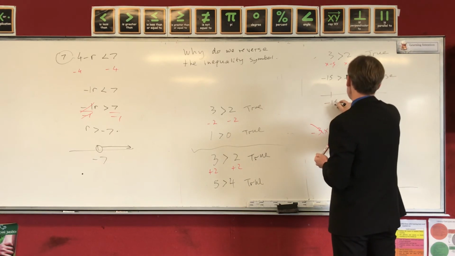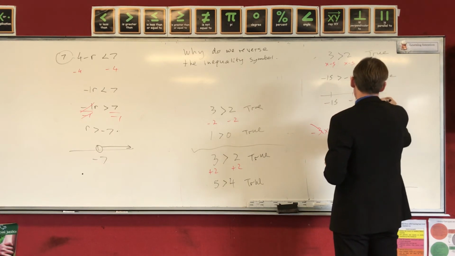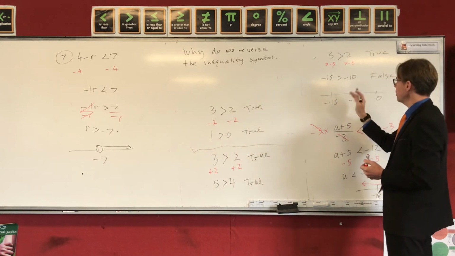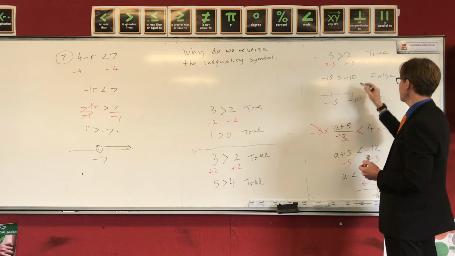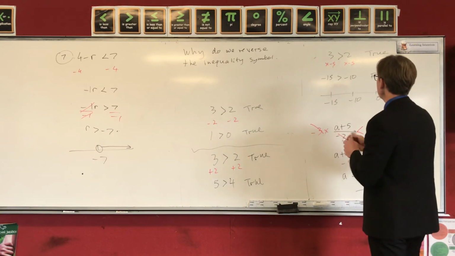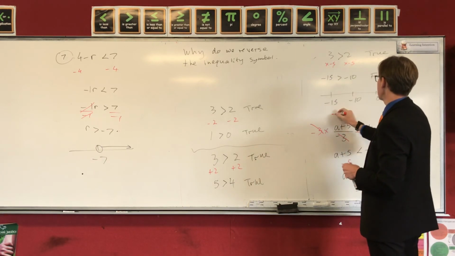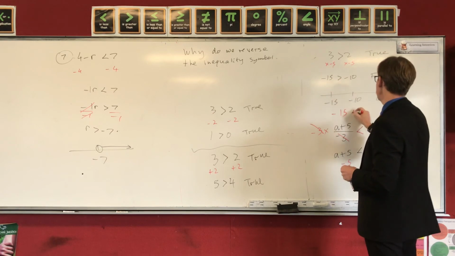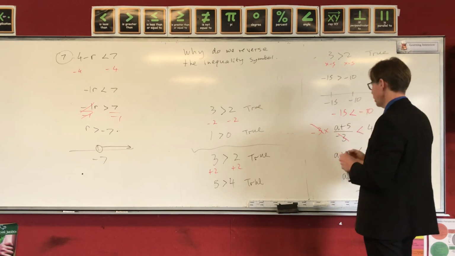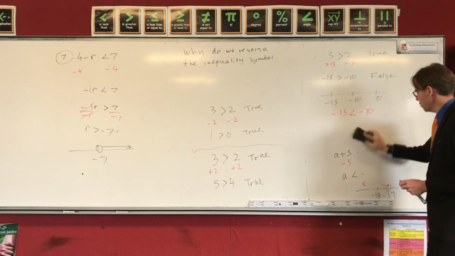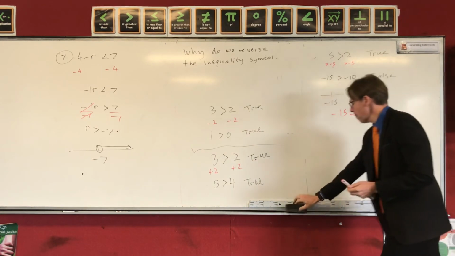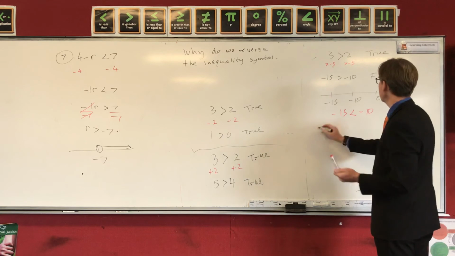Negative 15 is here, negative 10 is here, 0 is here somewhere. So negative 15 should be less than negative 10, so this is false. So when you multiply by a negative, you've got to reverse the inequality to make sure the statement remains true.